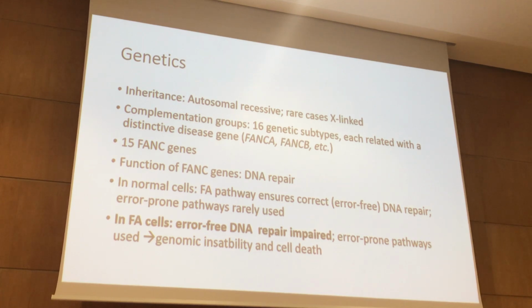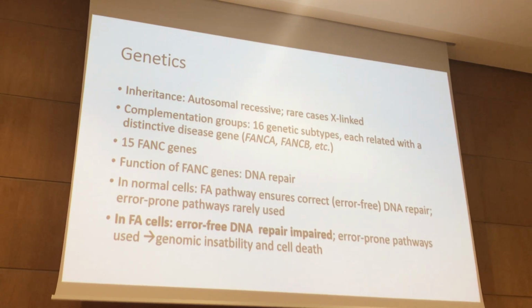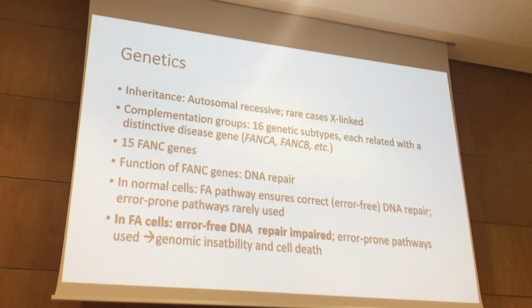The function of these genes is DNA repair. So when there is a dysfunction of these genes, the DNA repair pathway is deranged, so DNA repair cannot be done appropriately.